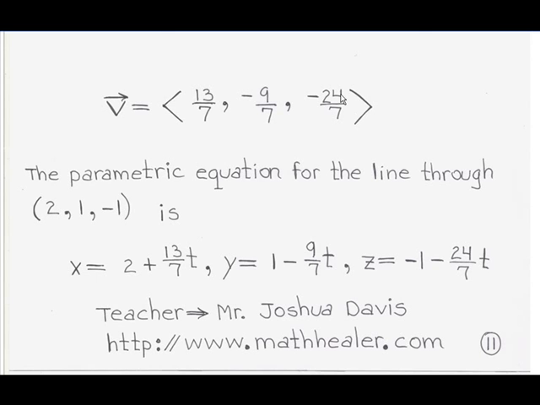So the parametric equation for the line through 2, 1, negative 1 is now given to us as x equals 2 plus 13 over 7 times t, comma, y is equal to 1 minus 9/7 times t, comma, z equals negative 1 minus 24 over 7 times t.